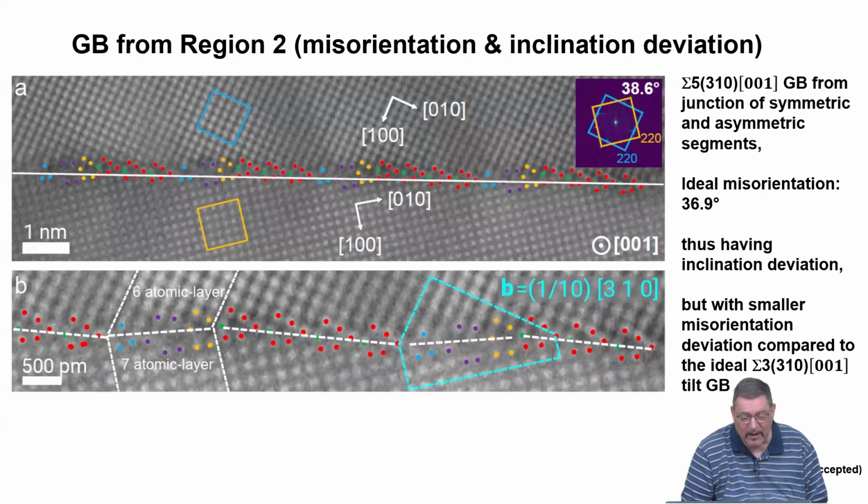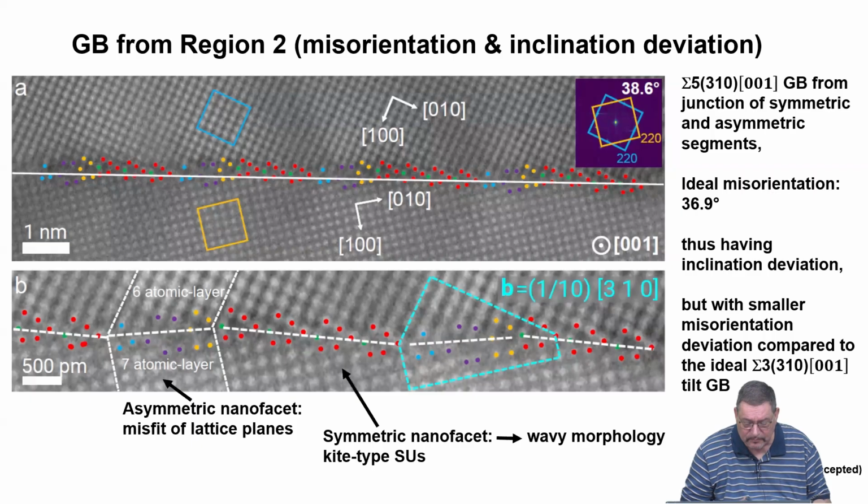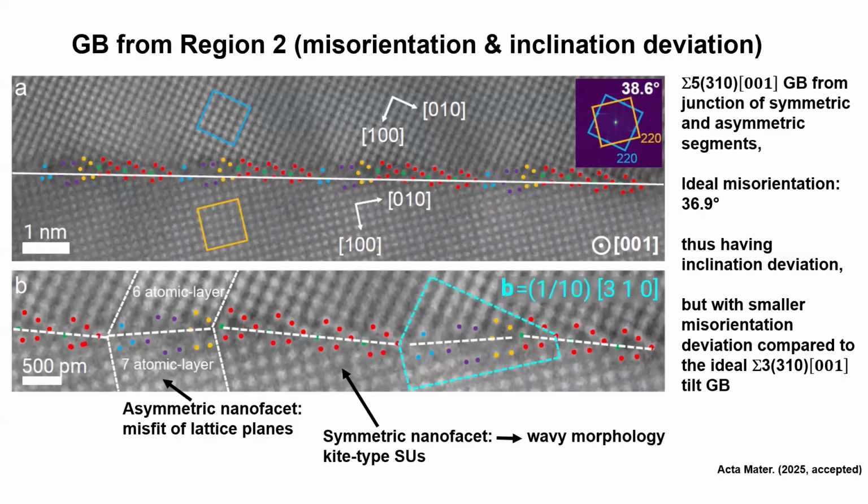Now, what do we have as structural units? You see here these kite-like structures, but we also have in between more complex structures which are made out of different structural units. We can call them structural units because they are repeated along the grain boundary plane. So the first and most important condition of the structural units model, periodicity along the boundary plane, is maintained.